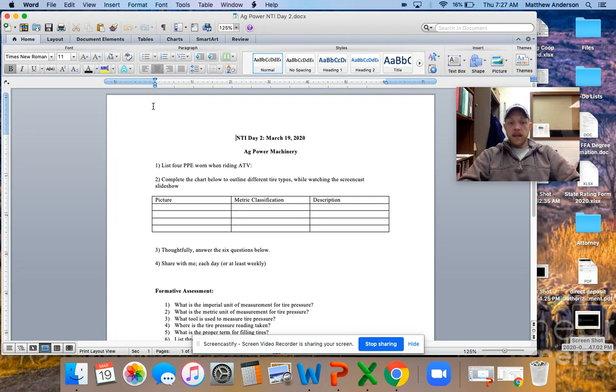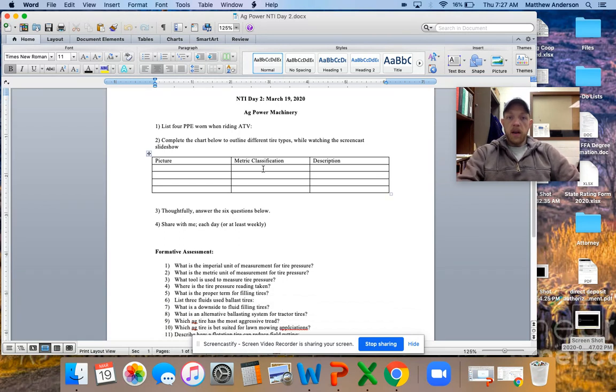So today's lesson, I just want you to review the PPE that you wear when riding an ATV. Then we move into some notes. We're going to talk about ag tires today. So I want you to find a picture that represents those tires. Note the metric classification, which we'll talk about in a second, and then give me a description of what those tires are.